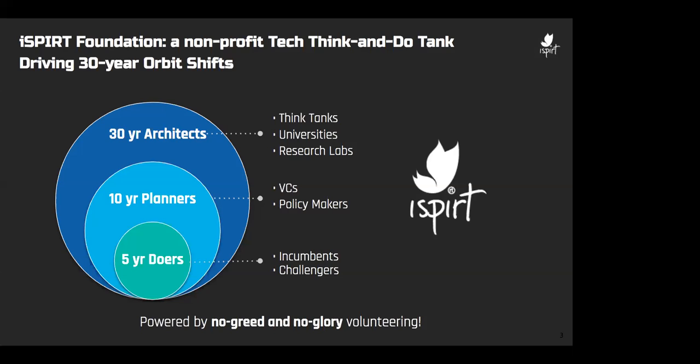You'll then have venture capitalists and policymakers that go on to take an 8 to 10-year view of these problems. And then the most important folks, which are the entrepreneurs themselves, either as incumbents or upstarts and challengers, are taking a 3 to 5 year view and really bringing the solutions to life on top of this public infrastructure.